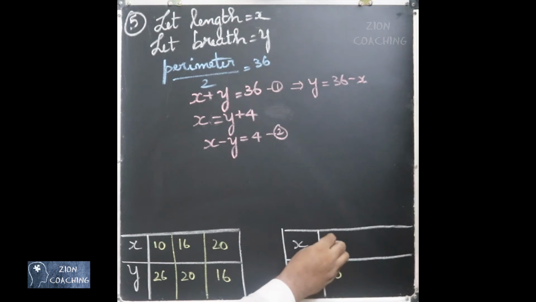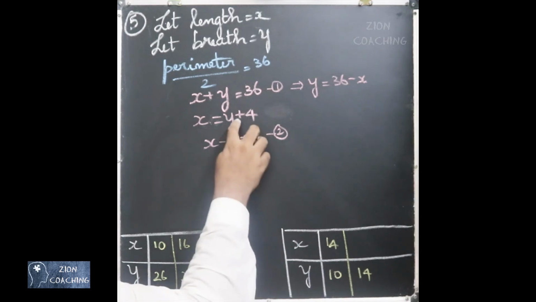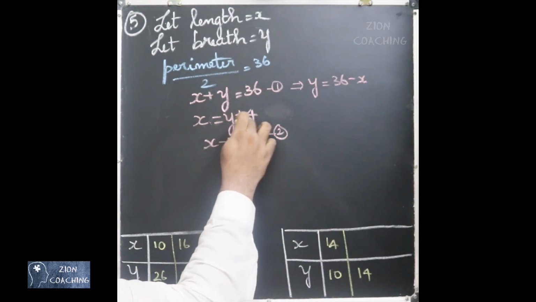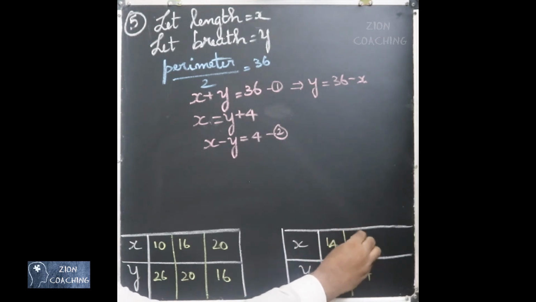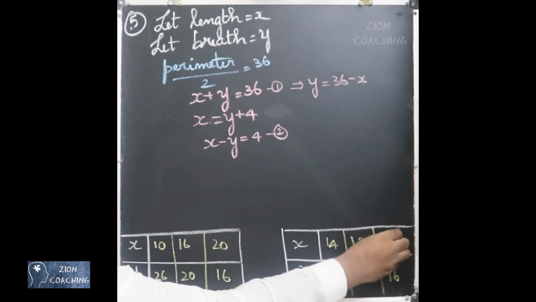Then x is going to be 14. Then maybe we will give 14. When you give 14, your x is going to be 14 plus 4, that is 18. Then one more, we can give 16. So x value is going to be 16 plus 4, that is 20.